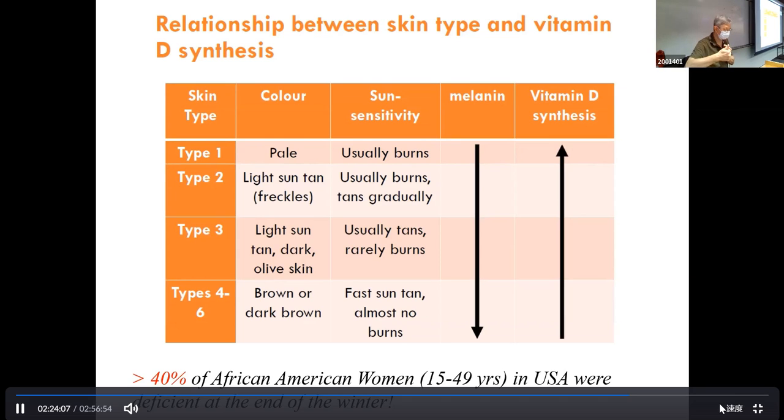Remember, I say season and location will determine how risky you are in terms of vitamin D deficiency. Now adding on will be the skin color. So black women who live in the winter time, living in North America, probably is the worst scenario.